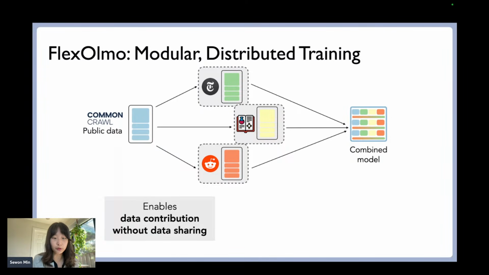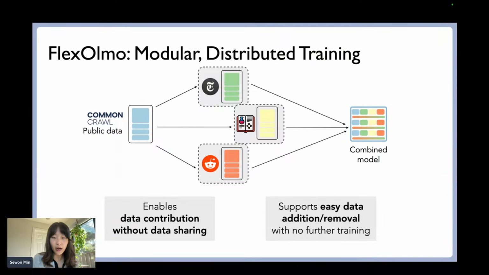So with this training algorithm, data owners keep full control over their data, and they can still contribute to the single combined model. The other important thing is that this supports easy data addition and removal without needing to retrain the whole model. And this is possible because training is completely modular and independent.